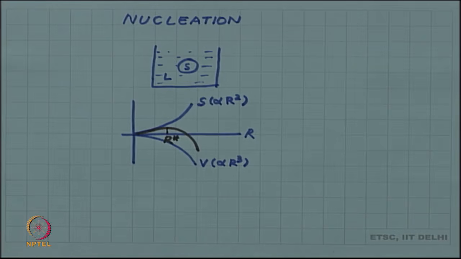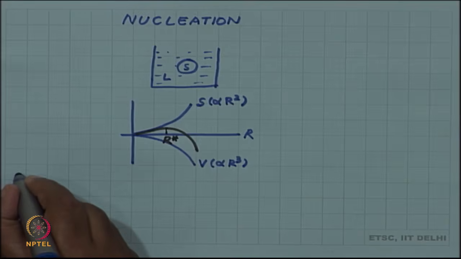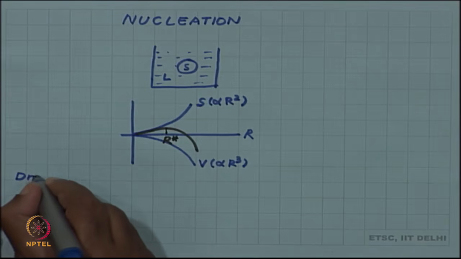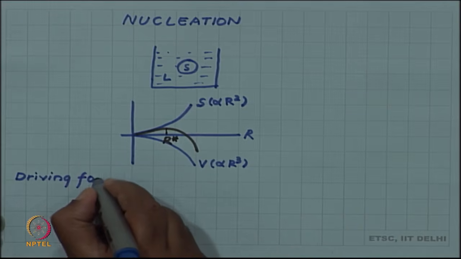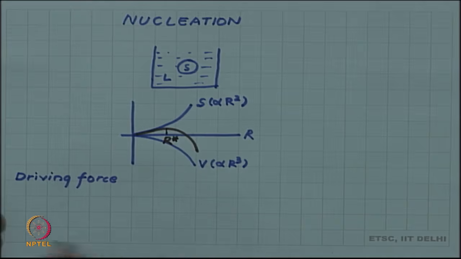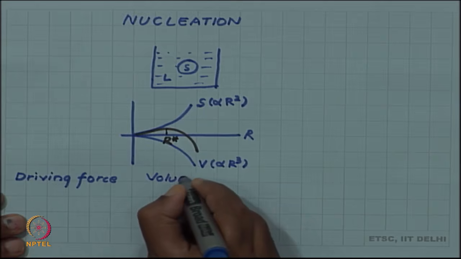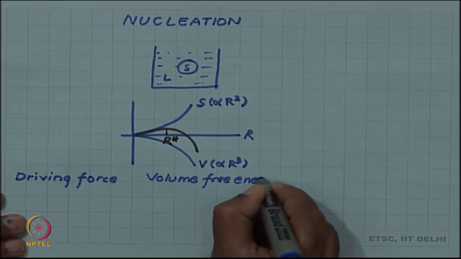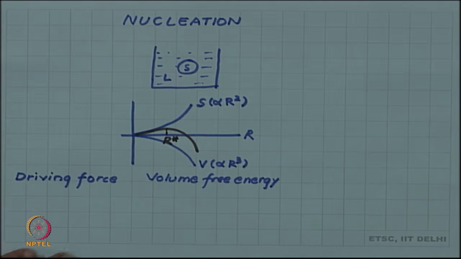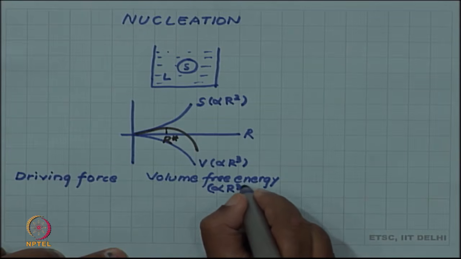This we have discussed. So, we see here that if we try to write the various competing energies in this, there is a driving force which is the volume free energy, and this is proportional to R cube.